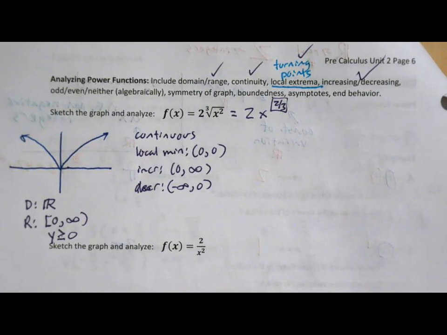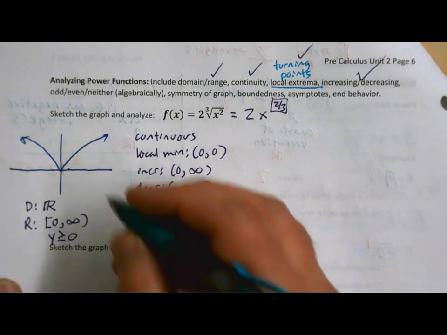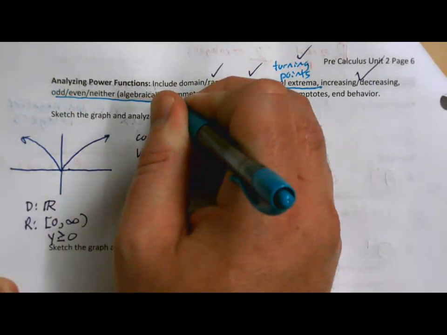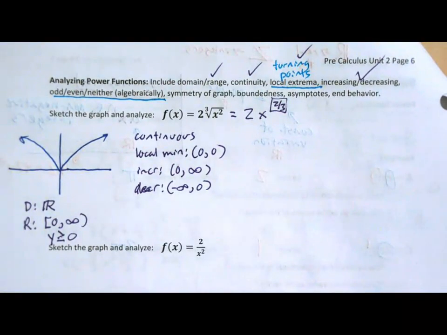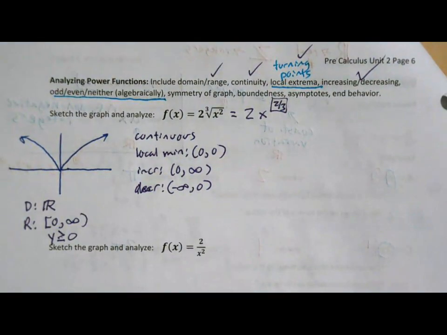Oh, odd, even, and neither algebraically. Let me remind you, I warned you guys when we did this in class, and then I gave you some feedback on it on our first assignment afterwards, that I'm very picky about how you show algebraically whether something's odd or even or neither. Some folks miss very small point values, but a lot of people ignored those instructions on the test.